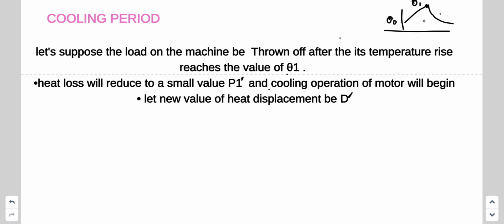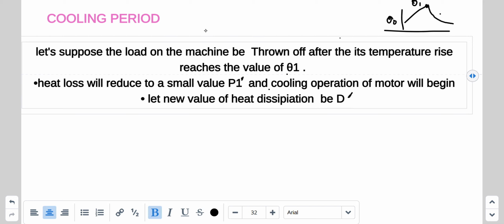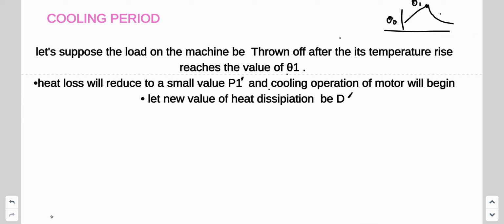The heat loss will reduce to a small value P1 dash, and the cooling operation of the motor will begin. Let the new value of heat dissipation be D dash.